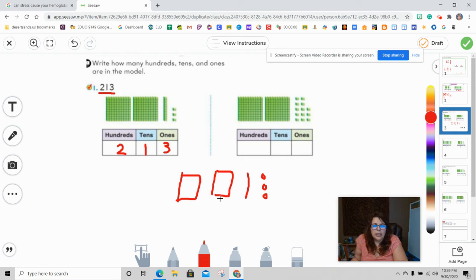Okay, so here they kept the 200, so I'm not going to touch the 100, so that means I still have the 200s. But look at here, I don't have any 10s because they broke this one into ones. So basically what I'm going to do here, I'm going to cross out the 10 and regroup it into 10 ones.